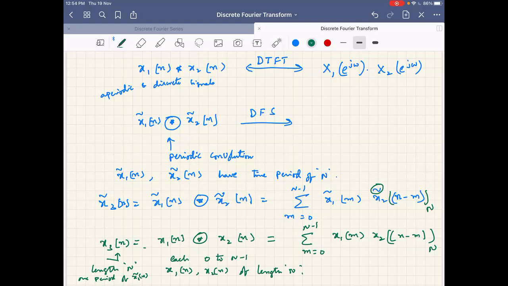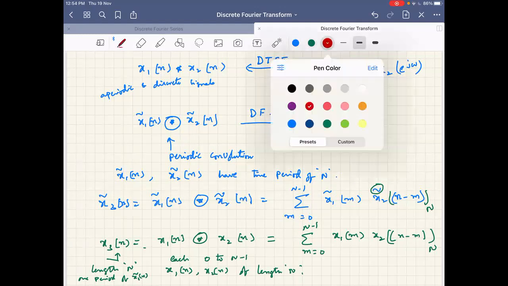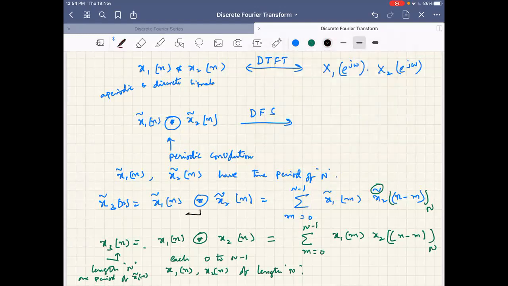So this we have defined as periodic convolution, because there is a periodicity. Because of periodicity, there is no need to write modulo n here. You can pick n minus m; n minus m also exists here for any m.